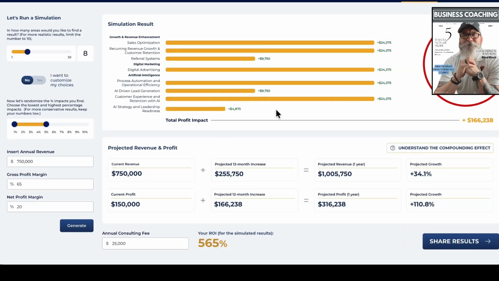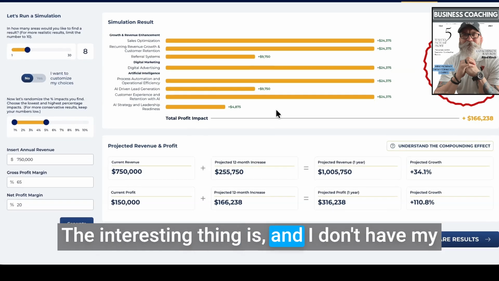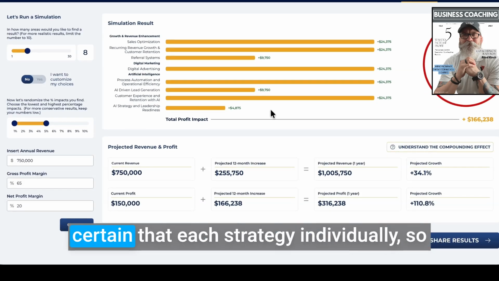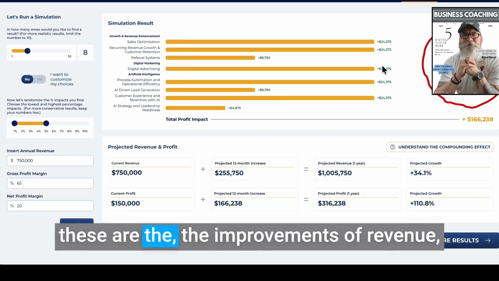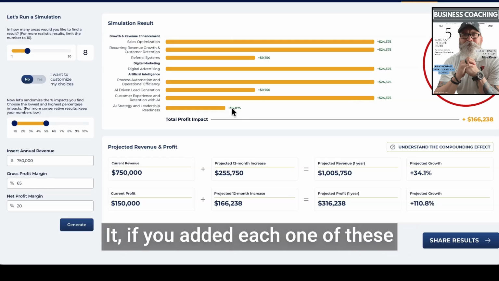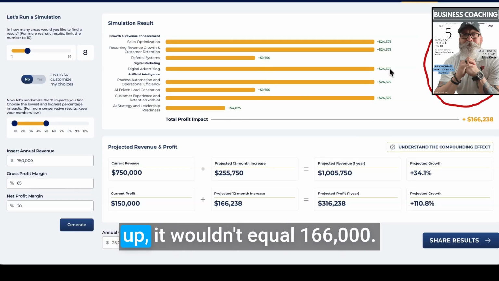The interesting thing is, and I don't have my calculator, but I can tell you this fairly certain, that each strategy individually, so these are the improvements of revenue, the improvements of profit, if you added each one of these up, it wouldn't equal 166,000.